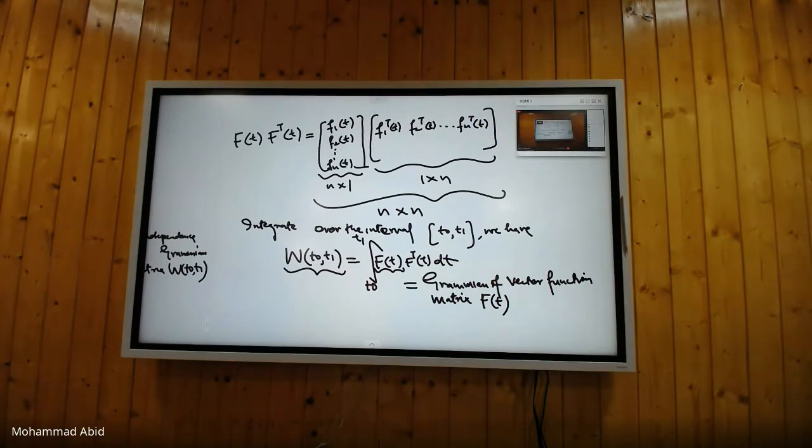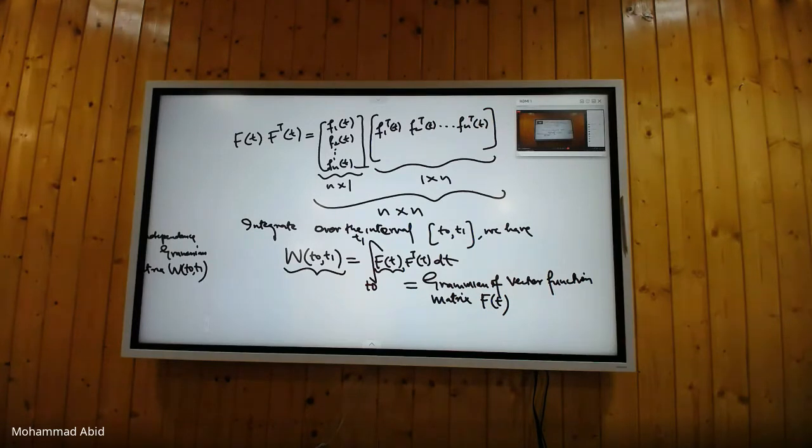I'll take you back to the controllability tests. So what are the controllability tests that we were discussing? What was the theorem that I had stated? Do you have the notes in front of you?